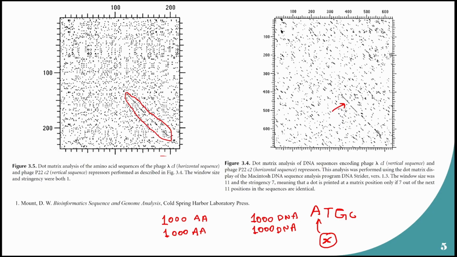So you might need to introduce some sort of window size or stringency values. But in any case, if you are comparing two different organisms, the nucleic acid sequence will be much longer, because three nucleic acid bases make one codon for one amino acid, right? That's how you translate. So that's usually not a problem, but be mindful that whenever you need to use some window size or stringency, you should do so. Okay.